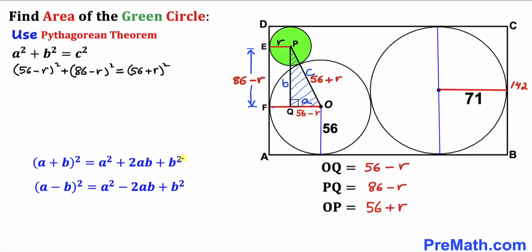Now let's recall these two famous identities, (a plus b) whole square, and the second one, (a minus b) whole square. We are going to apply these identities in this equation.